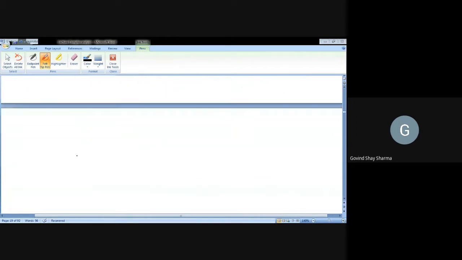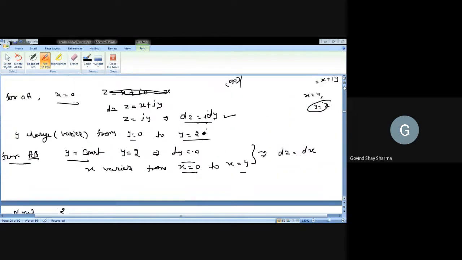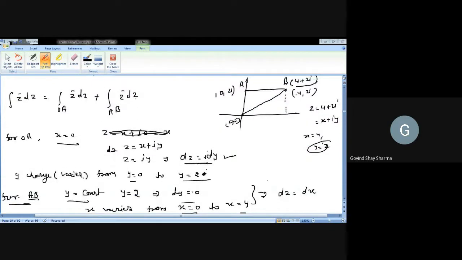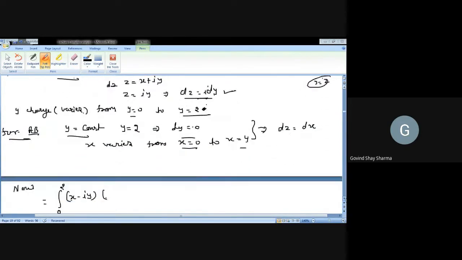Now we can work it out. For OA, integral from 0 to 2 of x minus iota y, that is z bar, and x is equal to 0 for OA, put dz is equal to iota dy.